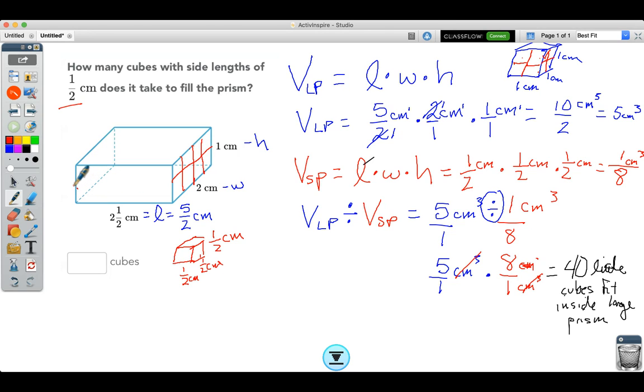Now, it's 1 centimeter high, so it's split in half. But now there's 5 halves. How many halves go into 5 halves? Well, 5. 1, 2, 3, 4, 5.